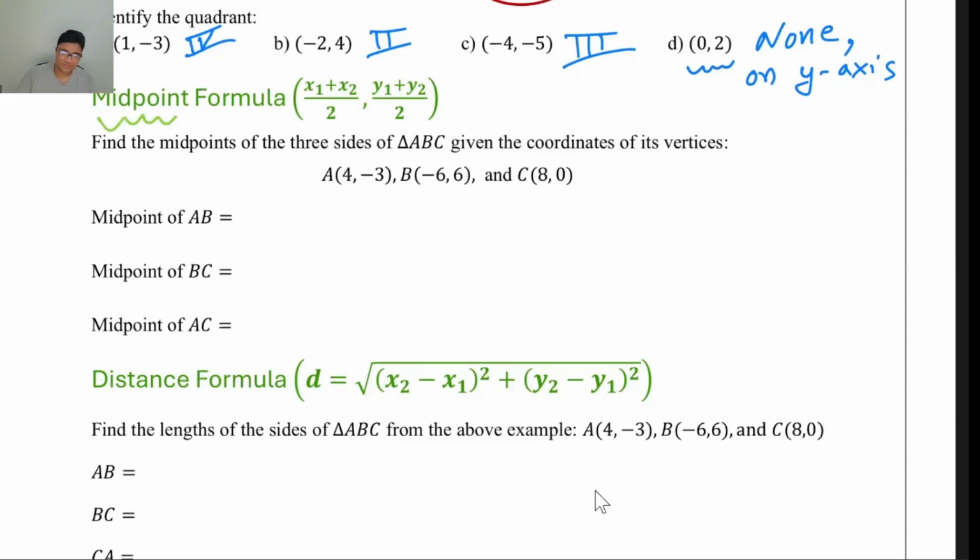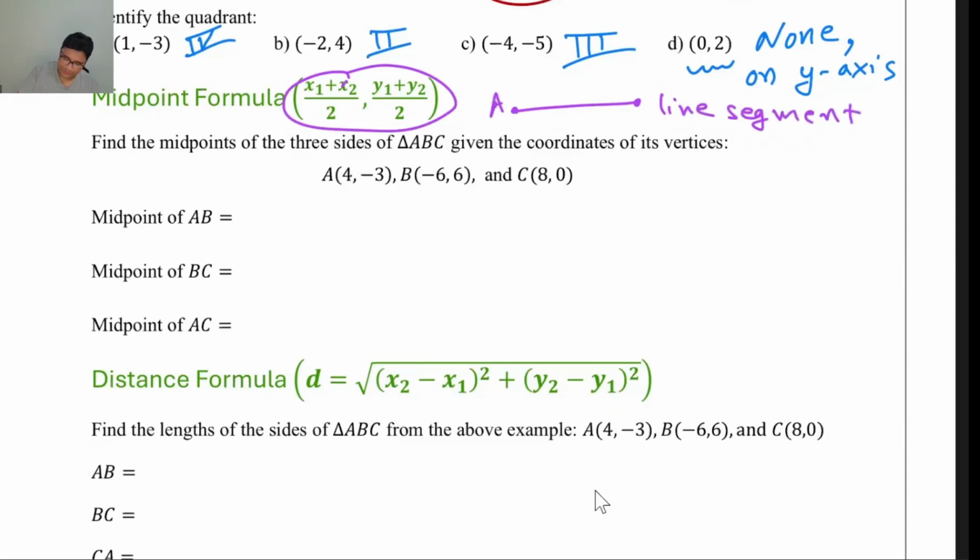The answer to that comes from the midpoint formula. As the name suggests, if you have a line segment from one point to another point, A to B, the coordinates of exactly the middle is given by this midpoint formula.